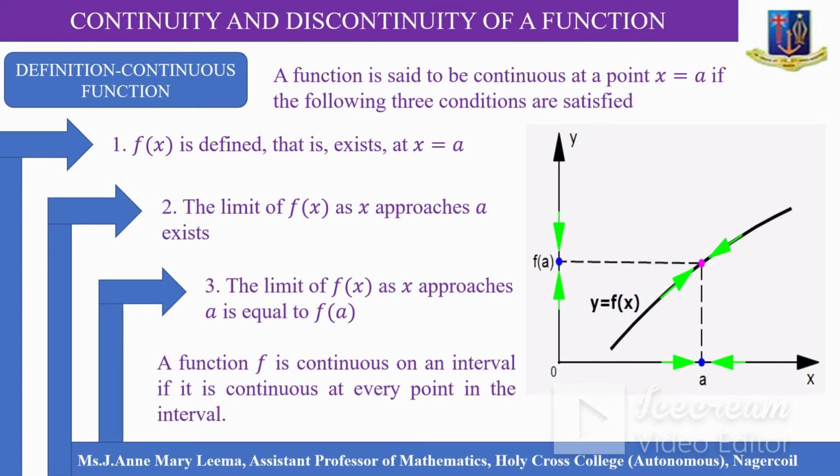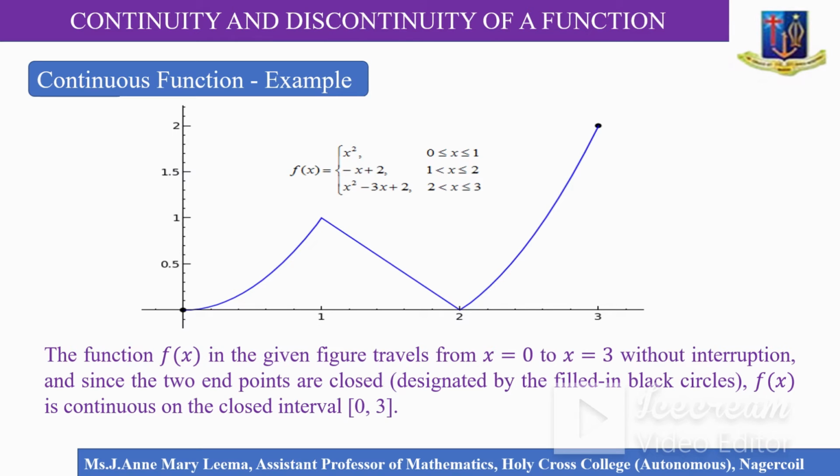A function f is continuous on an interval if it is continuous at every point in the interval. Next, let's see an example of a continuous function. In this figure, the graph of the function f of x is given.